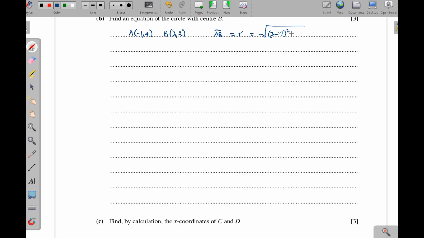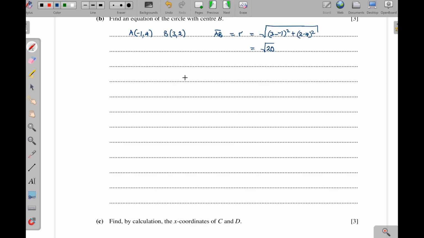Then squared, then plus the change in y, 2 minus 4, squared. So we shall have the square root of 4 squared, that is 16, plus this one is a 4, that will be 20, so root of 20.